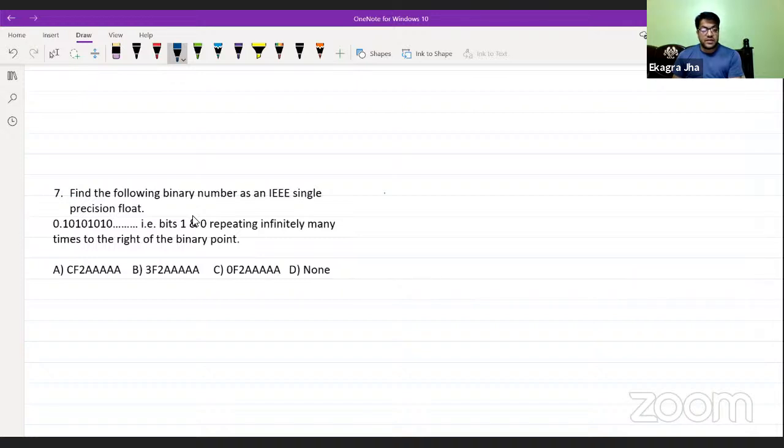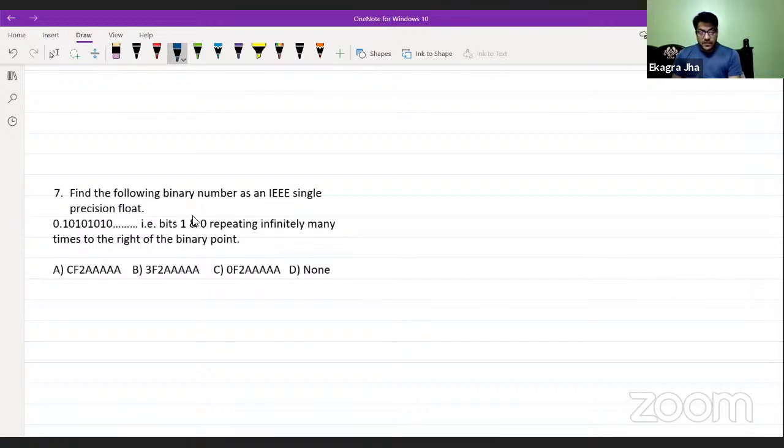All we need to find is the IEEE single precision float representation of this given binary number. In that case, we should have the format as 1 point mantissa. The format should look like this only. So to convert this, let me write down the steps here.